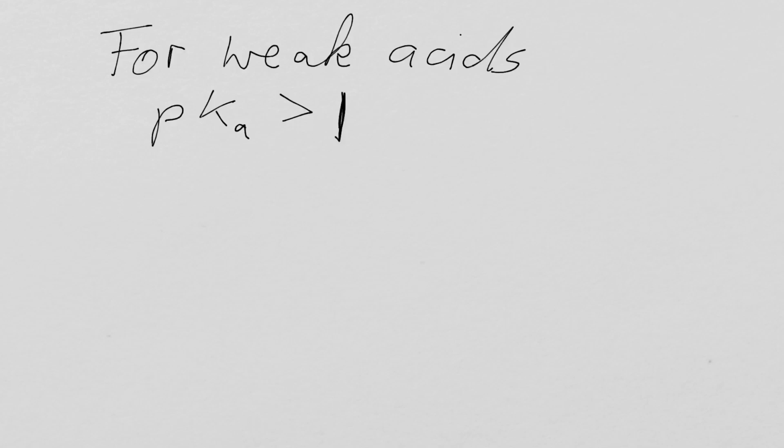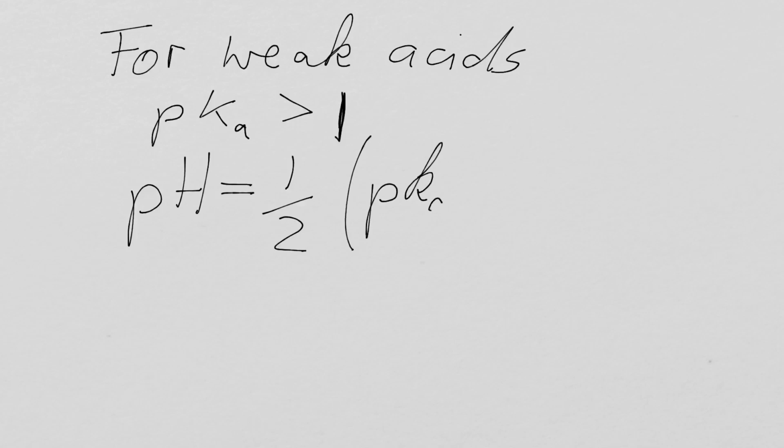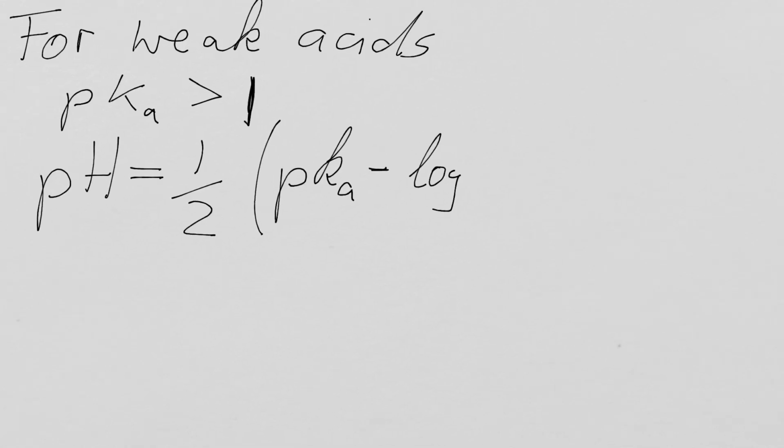The pH for a weak acid is pH equals 1/2 of pKa minus log of the starting concentration of the acid.